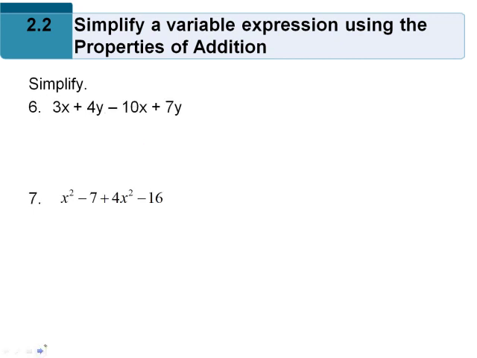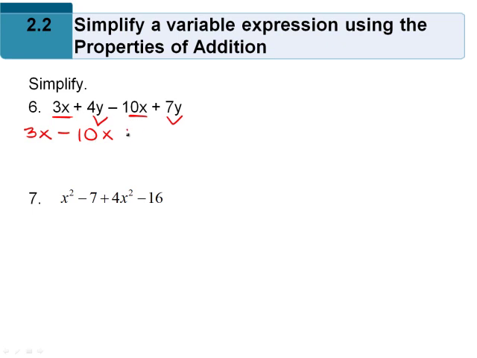All right, so here's a couple more. Number 6 is 3x plus 4y minus 10x plus 7y. So let's see, I've got some x terms right there and some y terms right there, so we can kind of see the different ones. So I'm going to regroup them. I'm going to have 3x and then negative 10x. That sign comes down with the 10.